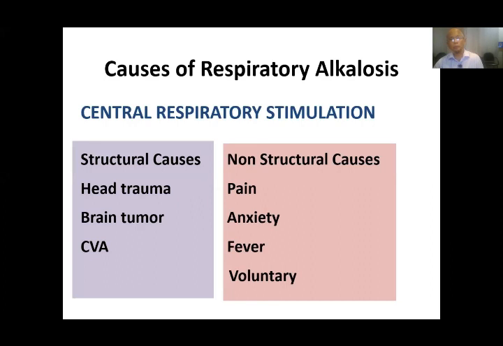The causes are central respiratory stimulation due to structural causes like head trauma, that is head injury, or tumor in the brain, or cerebrovascular accident, or non-structural causes, that is due to pain and anxiety, also fever and voluntary causes.